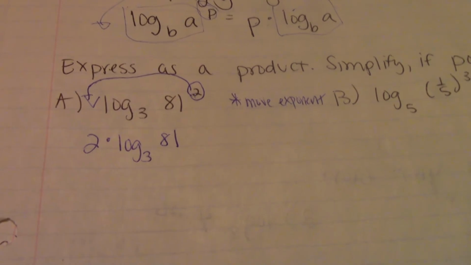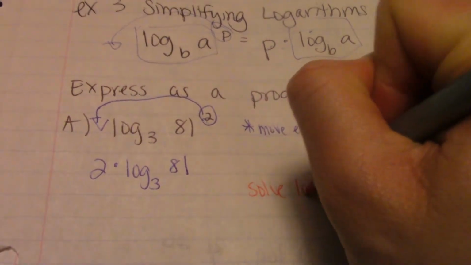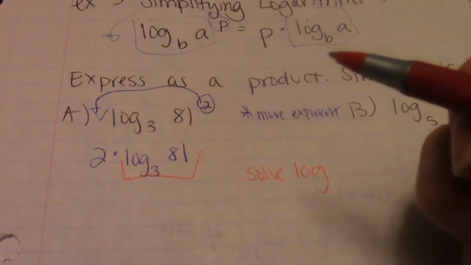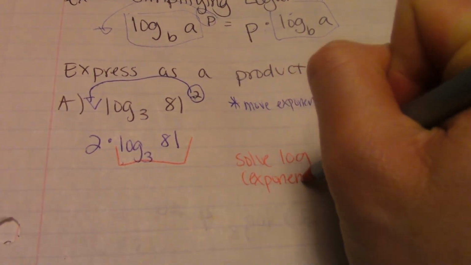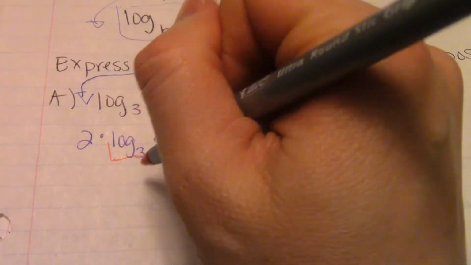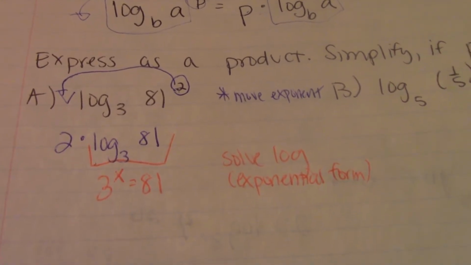Okay. Next thing we need to do is solve the log. So solve this by switching into the exponential form. So 3 to what power equals 81? 3 to the 4th power is 81.